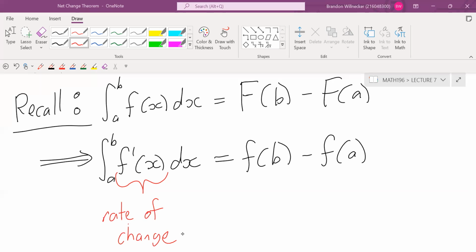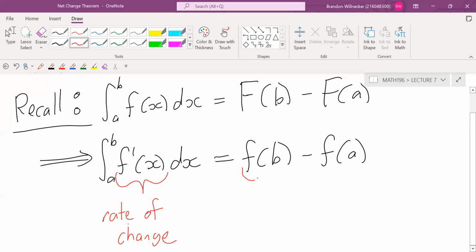Or if you have a container that has a hole in it, it loses water at a certain rate. So that would be the rate of change of volume. So you can have rates of change of distance, rates of change of volume, rates of change of speed, and so on. Okay, just rates of change of things.